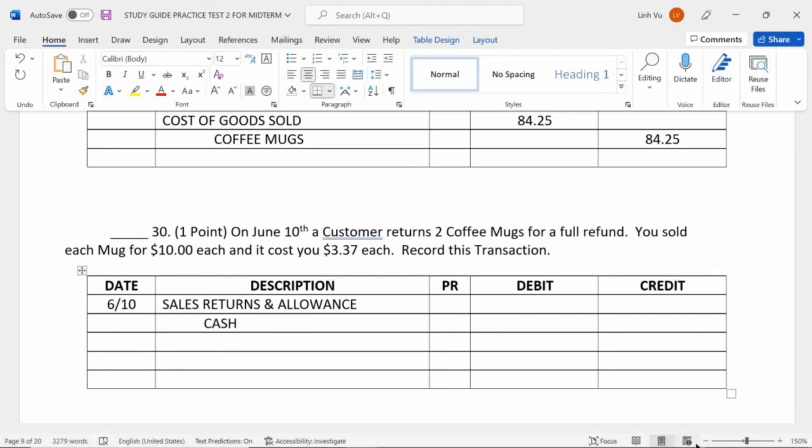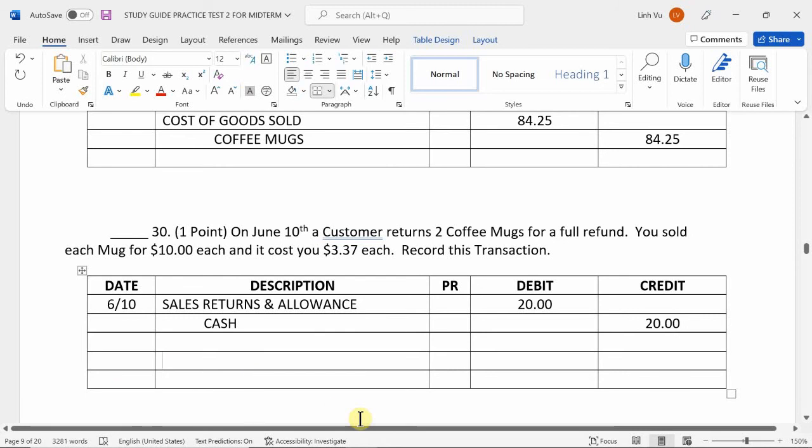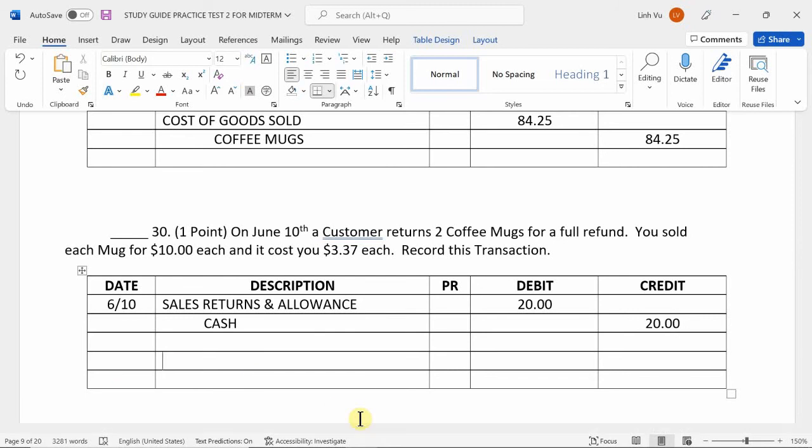And if you sold each coffee mug at $10 each and they end up returning 2 of them, so 2 times 10 will give you $20. We didn't charge sales tax. And therefore, because we end up giving the customer a full refund, you have to remember you're going to have to also put the coffee mugs back into inventory and undo the cost of goods sold.